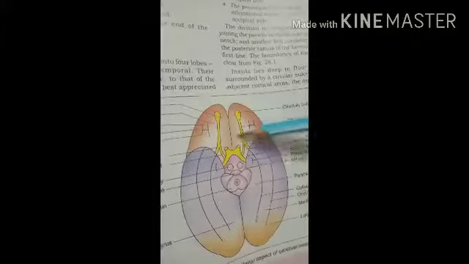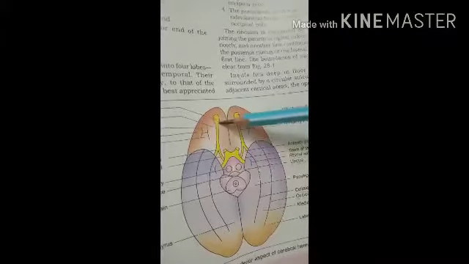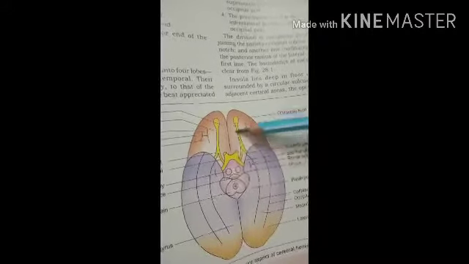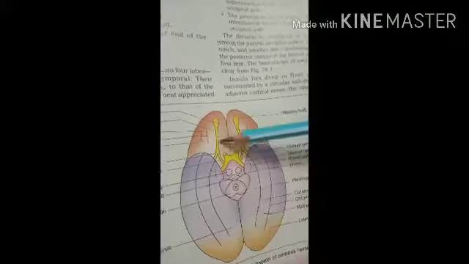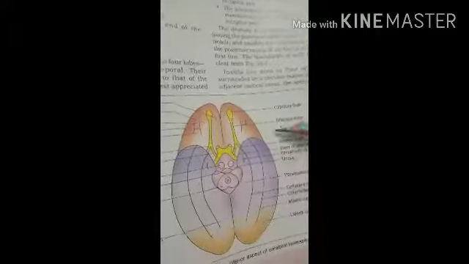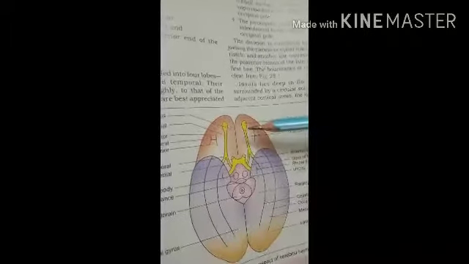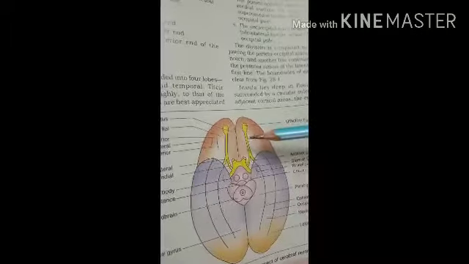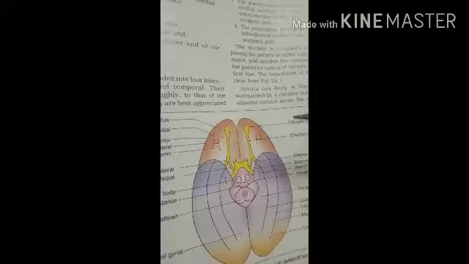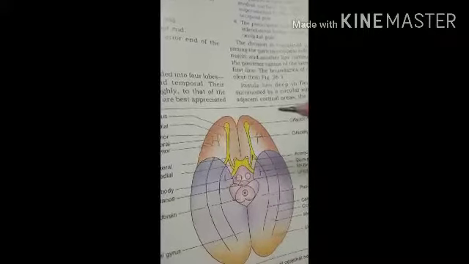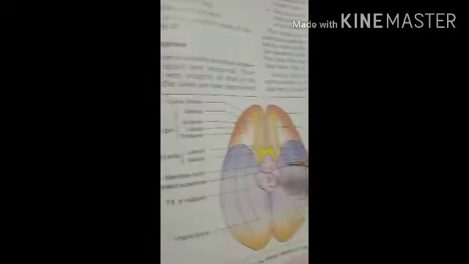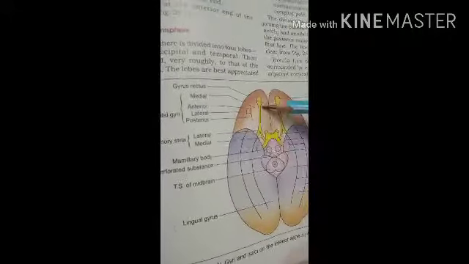On both sides, the vertical antero-posterior sulcus is hidden by the olfactory tract. That is called the olfactory sulcus. Then the area medial to this sulcus is called the gyrus rectus. Here you can see this area.